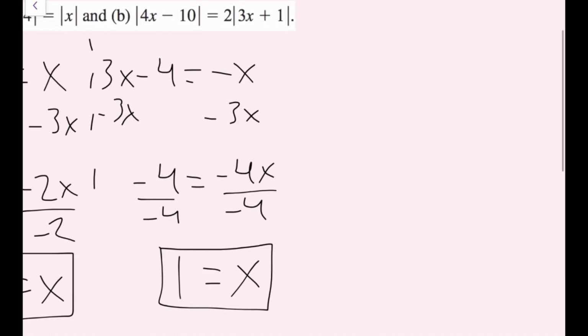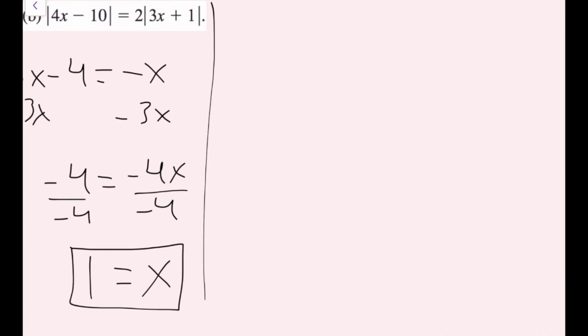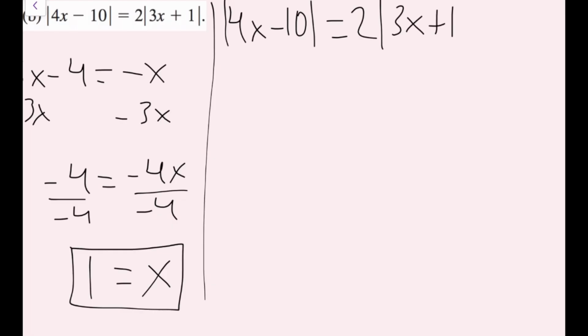Now I'm going to do this other one over here. So we have the absolute value of 4x minus 10 equals the absolute value of 2 times 3x plus 1. All right, so to solve this, we're going to basically choose one of the sides to unwrap, which will help us unwrap both sides.